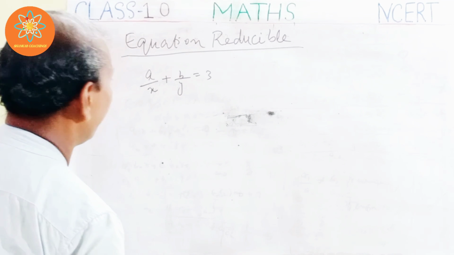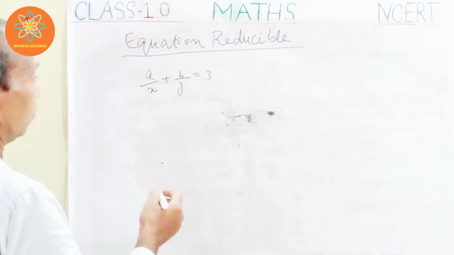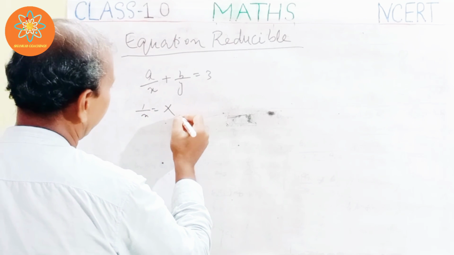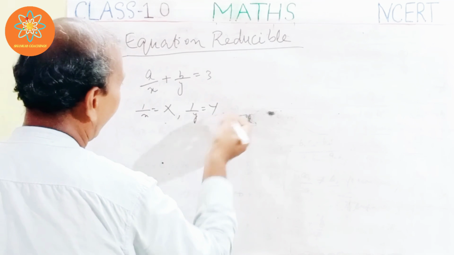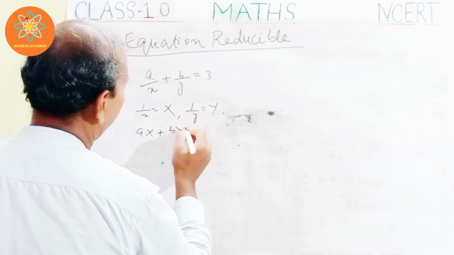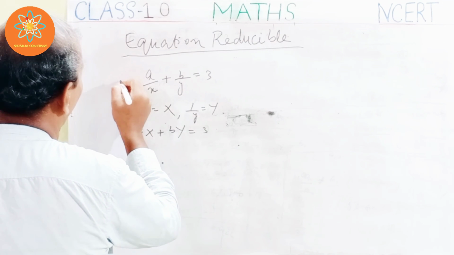That means I have to reduce this equation into a linear pair. So what I will do? I will assume 1 by x as capital X and 1 by y as capital Y. So I will get aX plus bY is equal to 3. So this is one case.